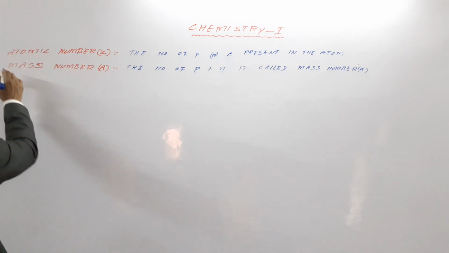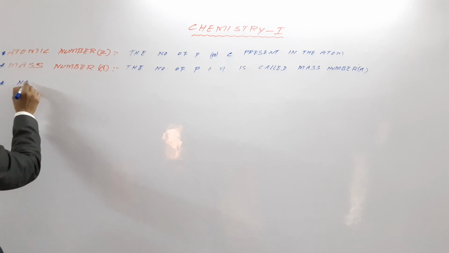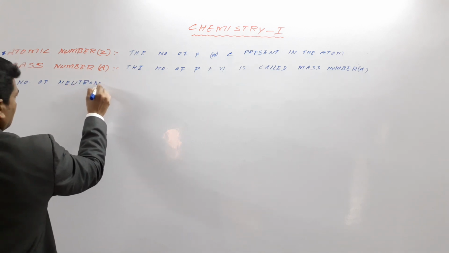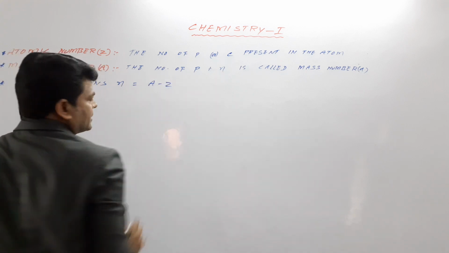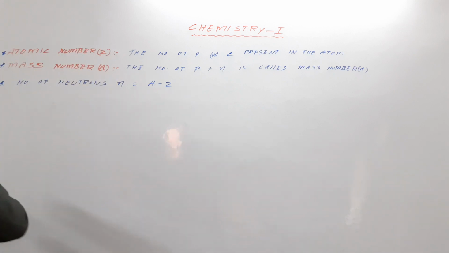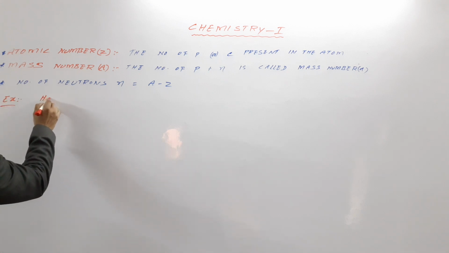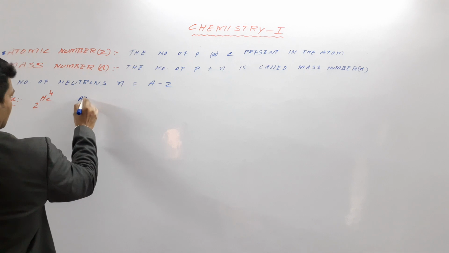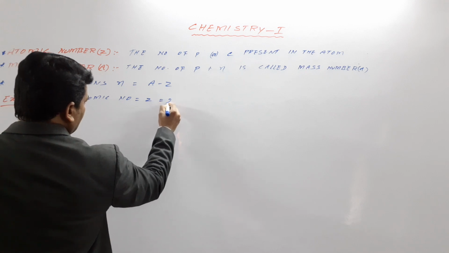Then the number of neutrons: N equals A minus Z. For example, helium, He with atomic number 2 and mass number 4. Atomic number Z is equal to 2.